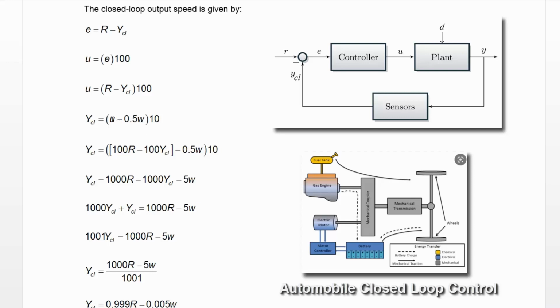Then that's U. Then you subtract your disturbance, 0.5 W, and we take all this and multiply it times the gain of the plant. The engine and transmission has a gain of 10. If we multiply through by 10, we get 1,000 R, and 10 times 100 here gives us 1,000 Y closed loop, and then 10 times 0.5 gives us 5 W.